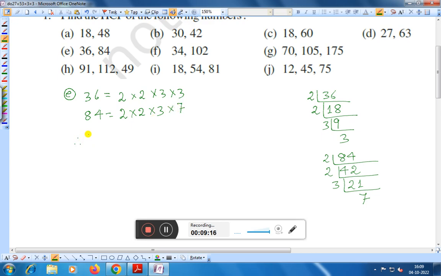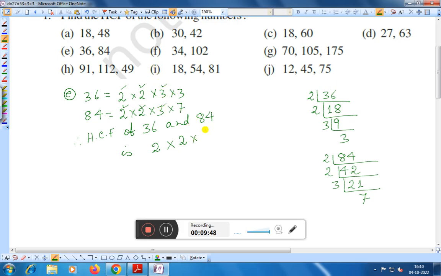Therefore, HCF of 36 and 84 is: here you see 2 is common, 2 into 2 is also common, and 3 is also common.